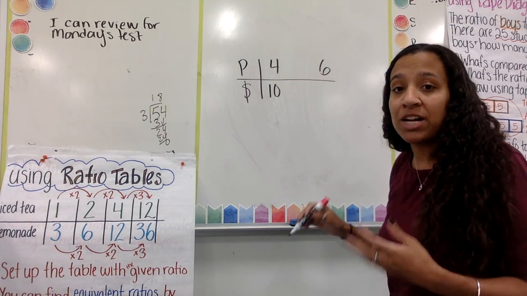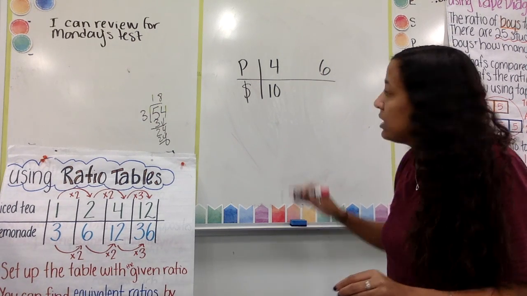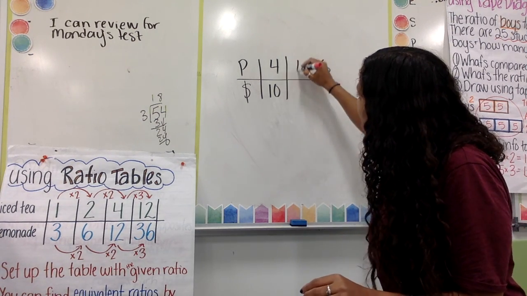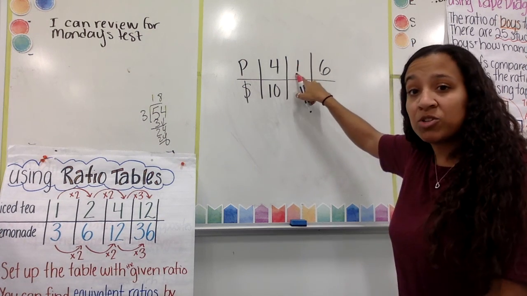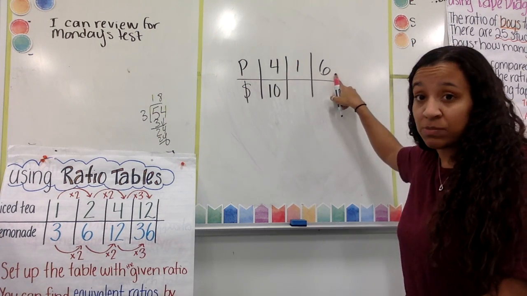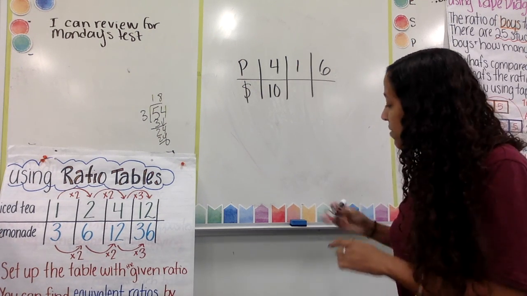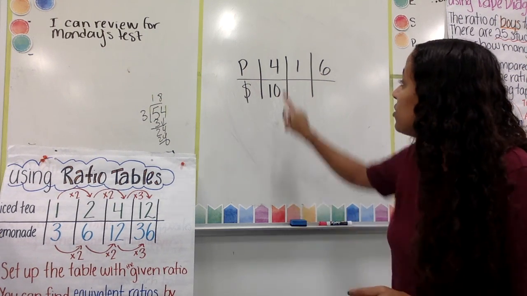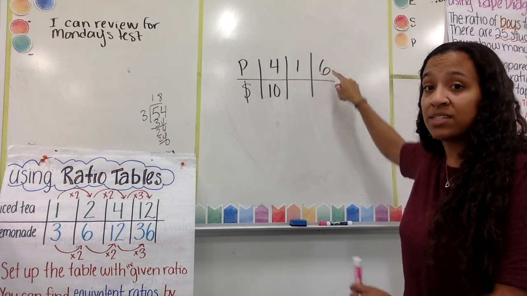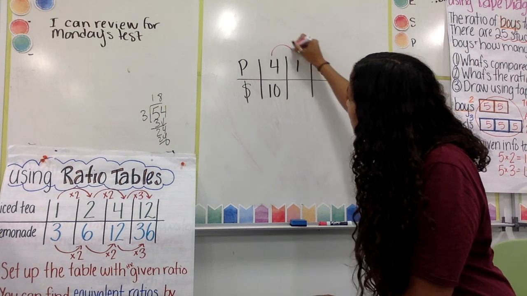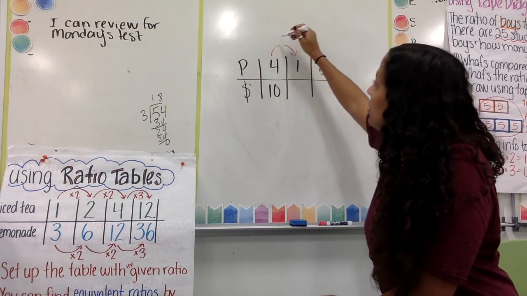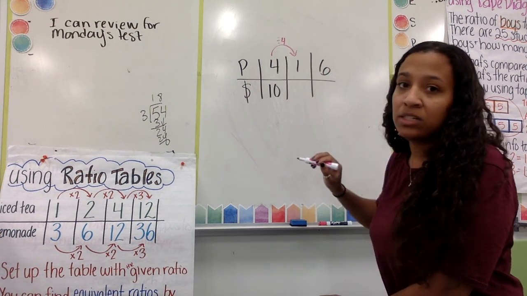So my strategy is always to find the unit rate. Let's find out how much for 1 pint. And if we find out how much for 1 pint, then we can find how much for 6 pints. So now that my ratio table is set up, I'm going to try to get the unit rate and then get to 6. What's happening to go from 4 to 1? I'm dividing by 4.